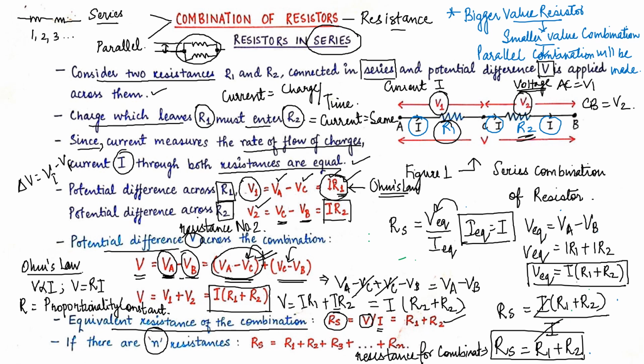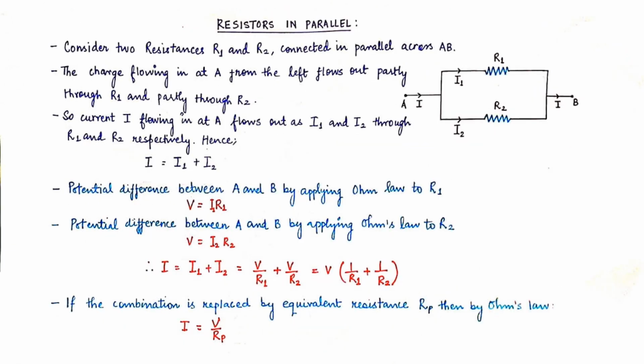If n number of resistances are connected in series, then the combination will be given by this formula: Rs equals R1 plus R2 plus R3 plus so on up to Rn, the nth resistance. Now we'll move further, that is resistors in parallel combination.